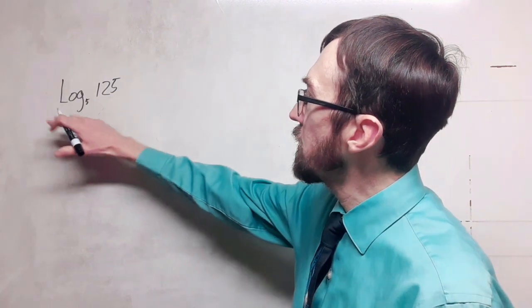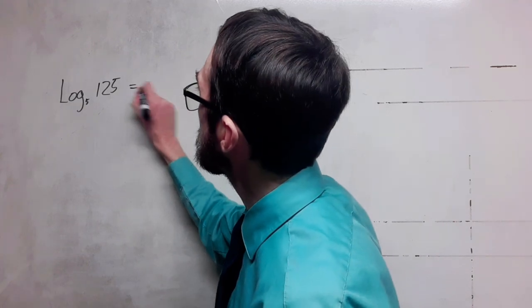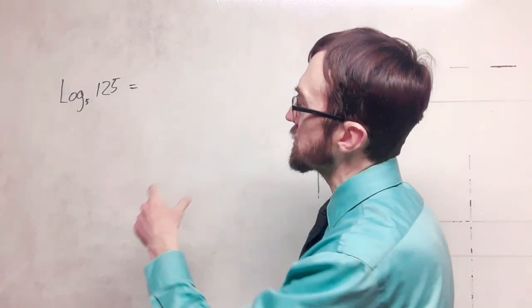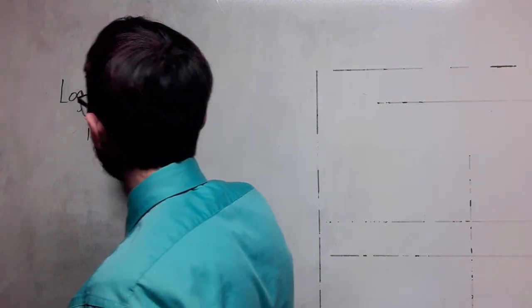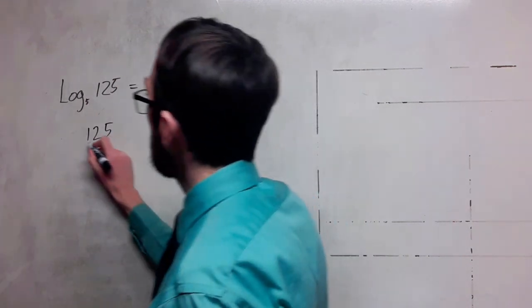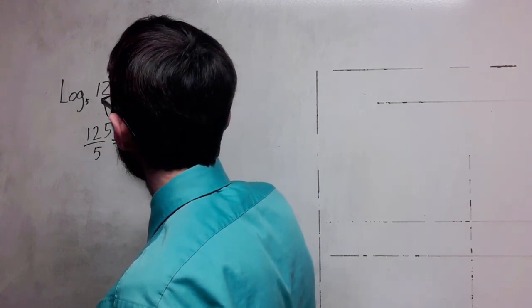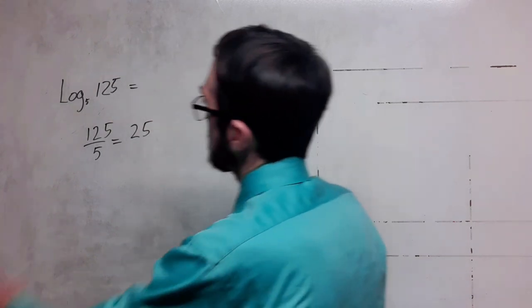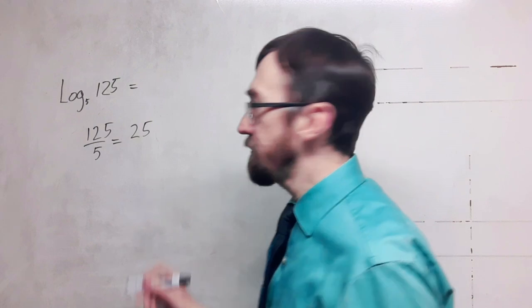I'm going to start with the log base 5 of 125. What is that going to be equal to? I'm going to start out and take the number here that we're operating on, and I'm going to divide it by the base. So 125 divided by 5 is 25.